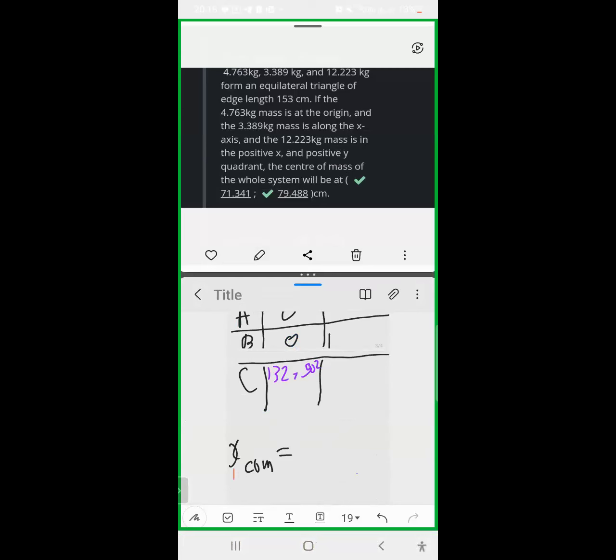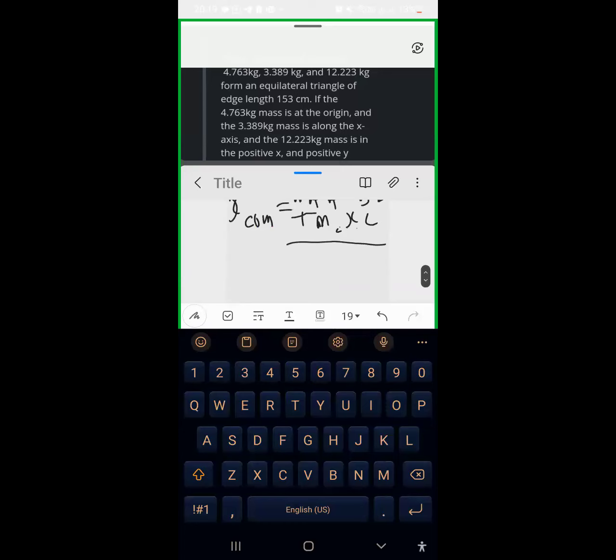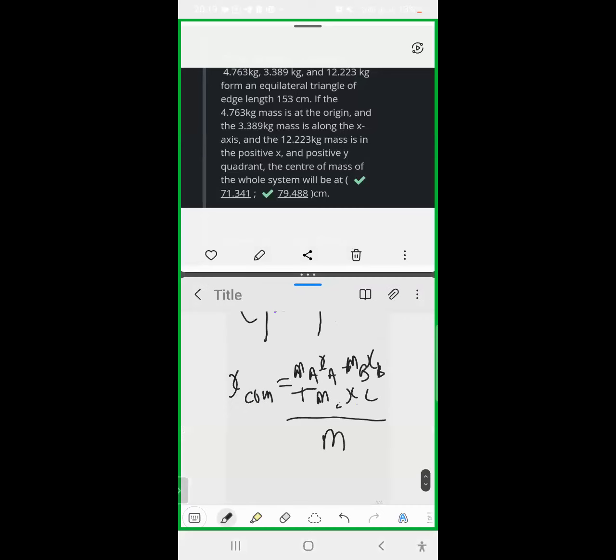So the x center of mass here will be equal to the mass at A multiplied by the x coordinate at A, plus the mass at B multiplied by the x coordinate at B, plus the mass at C multiplied by the x coordinate at C, divided by the total mass. All these values are given.